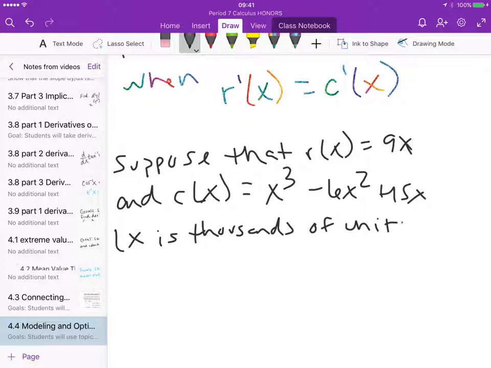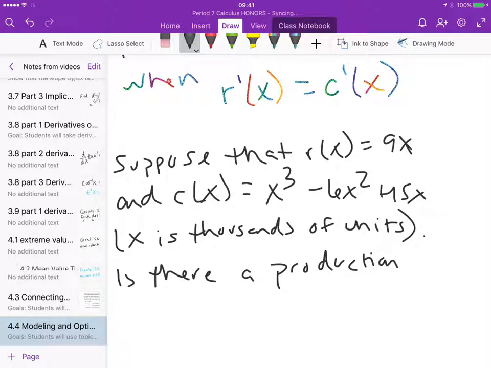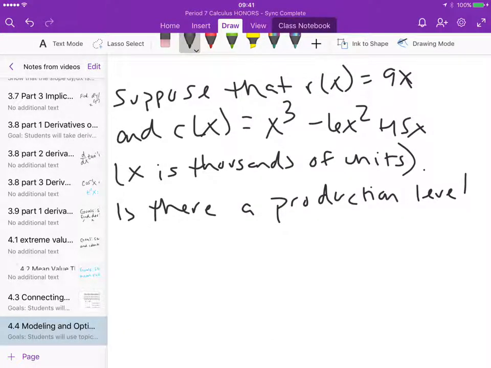The question says, is there a production level, so is there a spot in which the revenue and the cost match up so that it maximizes profit?